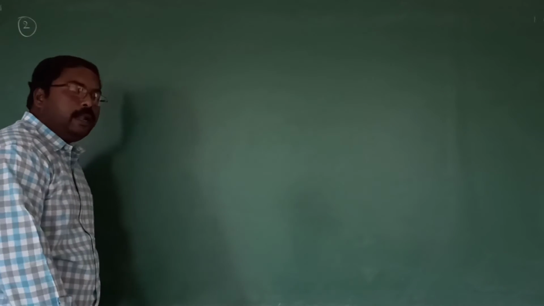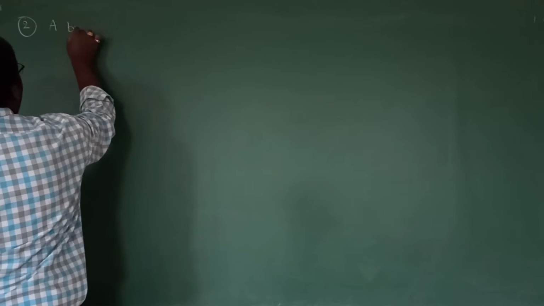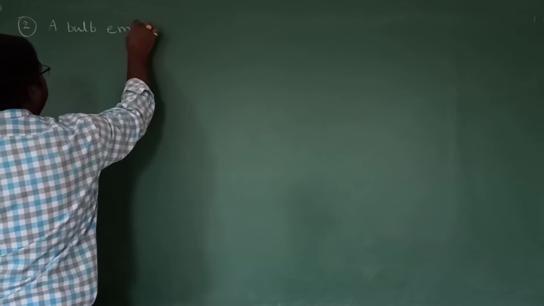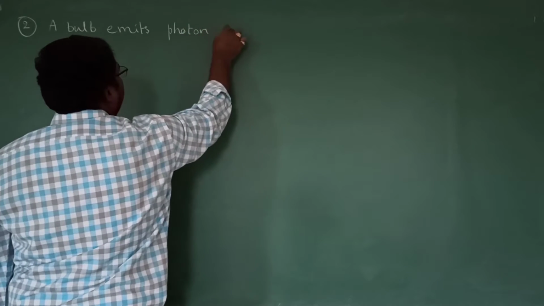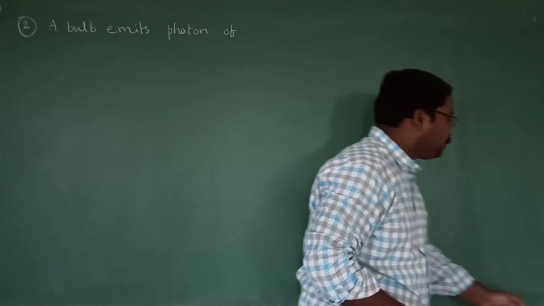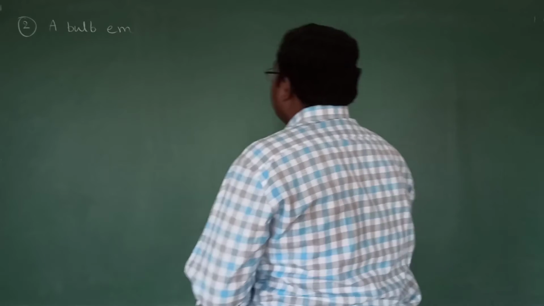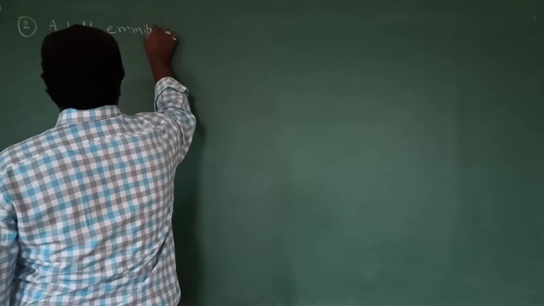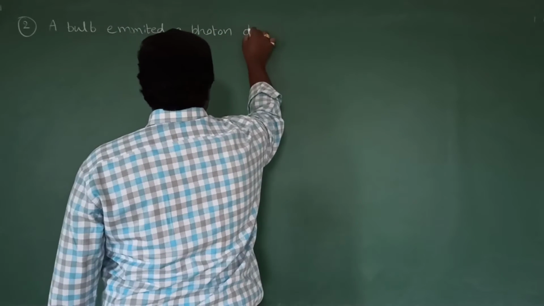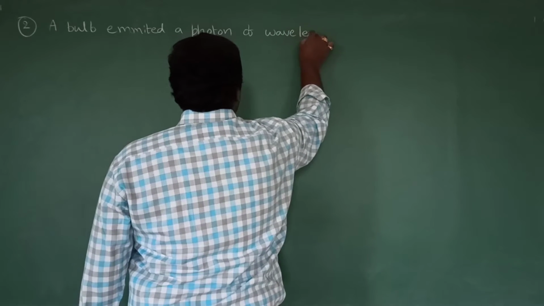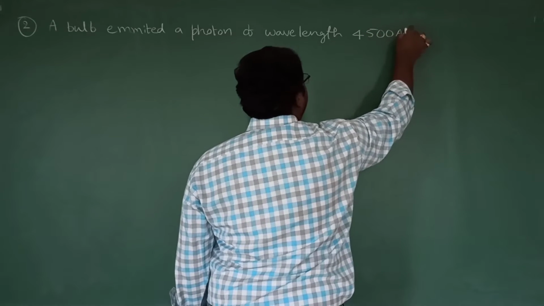Okay. Now coming to the next question. A bulb emitted a photon, photon being nothing but light radiation, of wavelength 4500 angstroms.